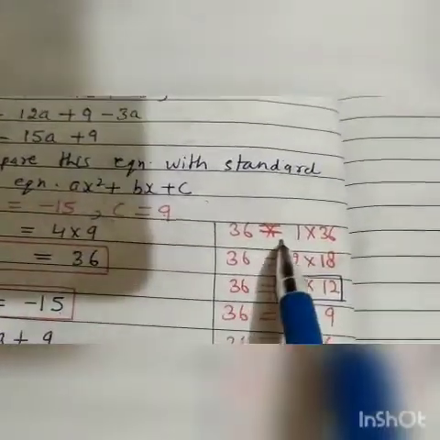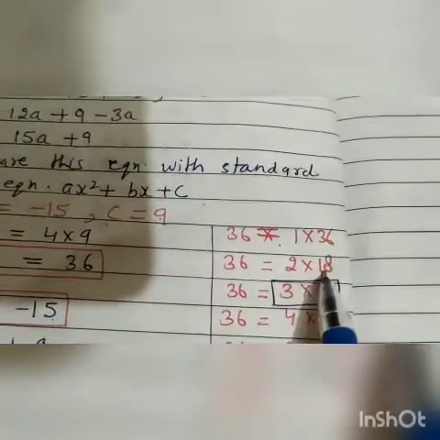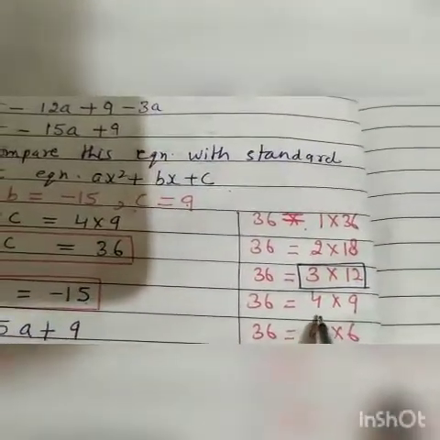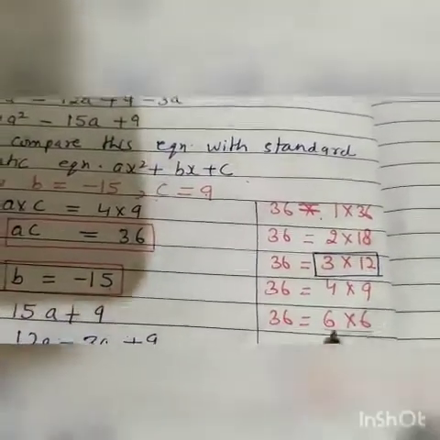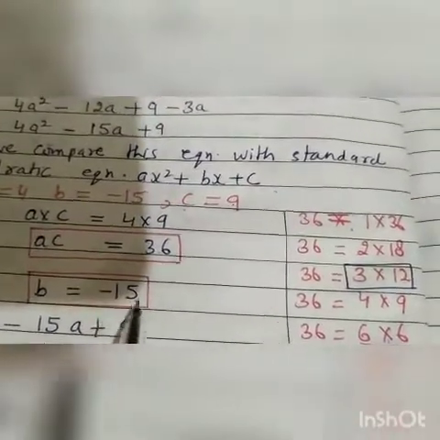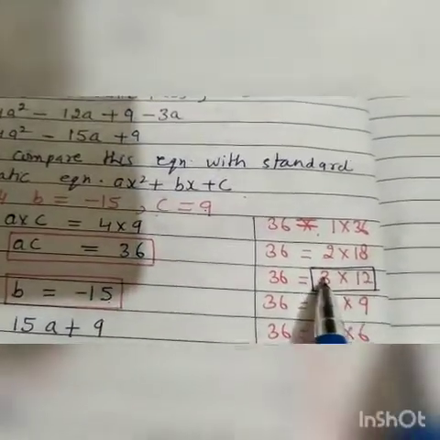Now factorize this 36. 1 into 36, 2 into 18, 3 into 12, 4 into 9, 36 is not divisible by 5, so we will skip 5, then 6 6s are 36. We will stop here. Now we have to get the middle term 15. See here, we can get this middle term 15 by adding.